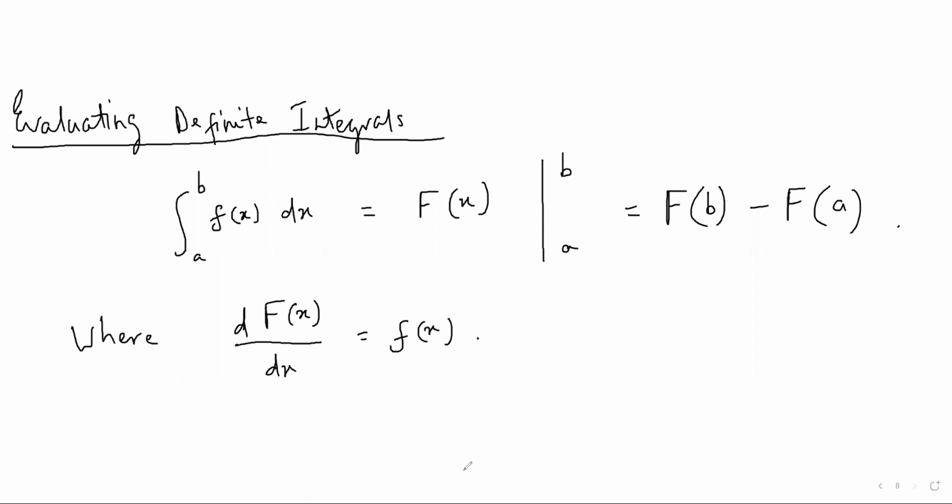The integral from a to b of f of x with respect to x is equal to big F of x evaluated from a to b, which is equal to F of b minus F of a, where the derivative of big F of x is small f of x. This is how you evaluate definite integrals.